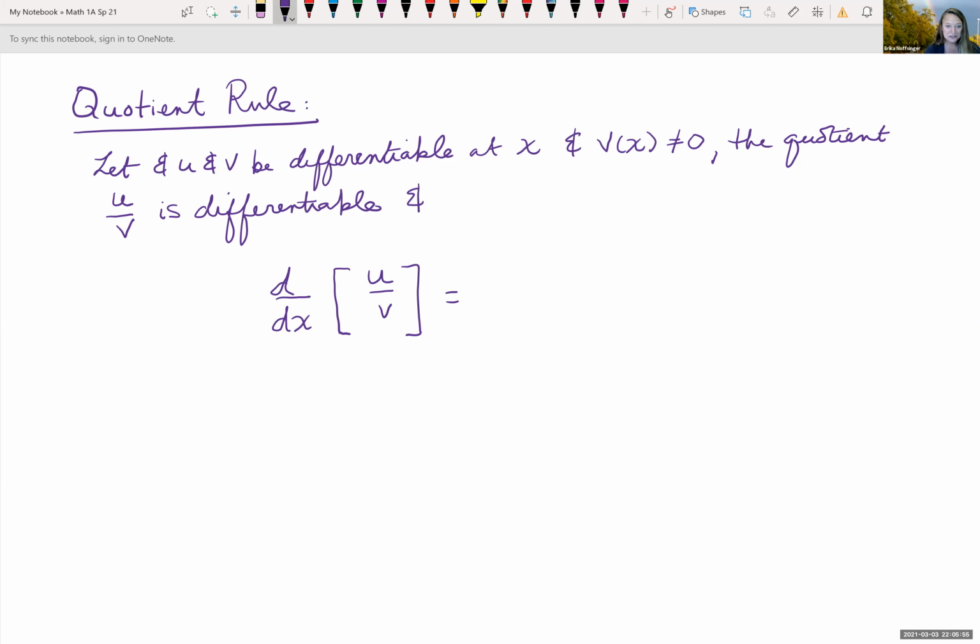So it's not the derivative of the numerator over the derivative of the denominator. Don't want to do that. You're not going to get very many points on an exam if you do that. So in this one, order does matter.